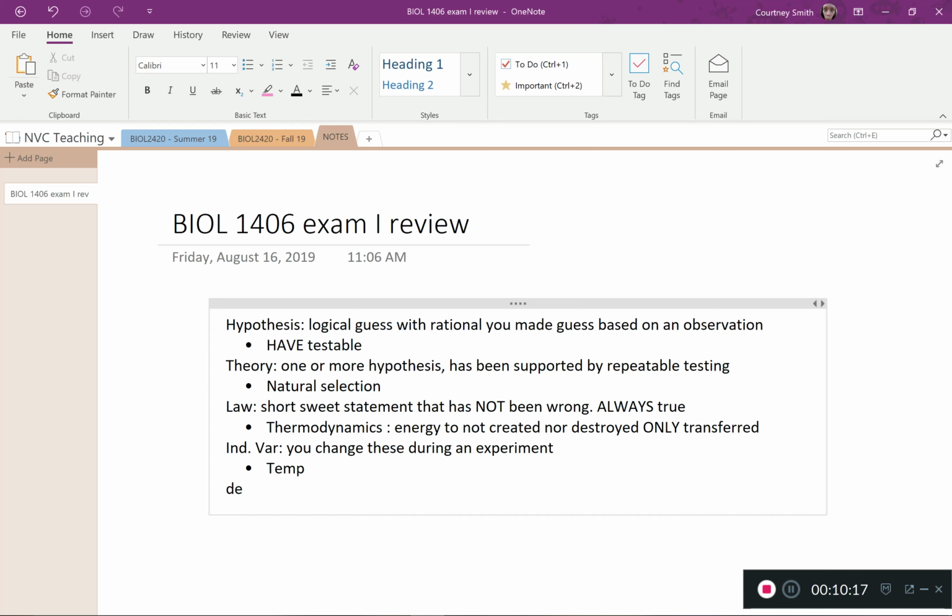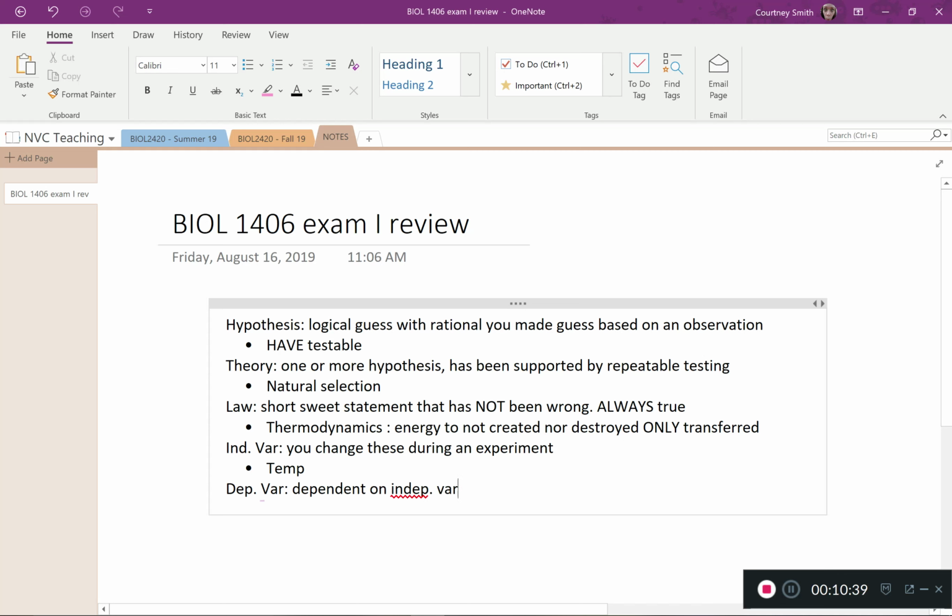Whereas a dependent variable is something that is dependent on the independent variable. Sorry guys, I really can't spell tonight.